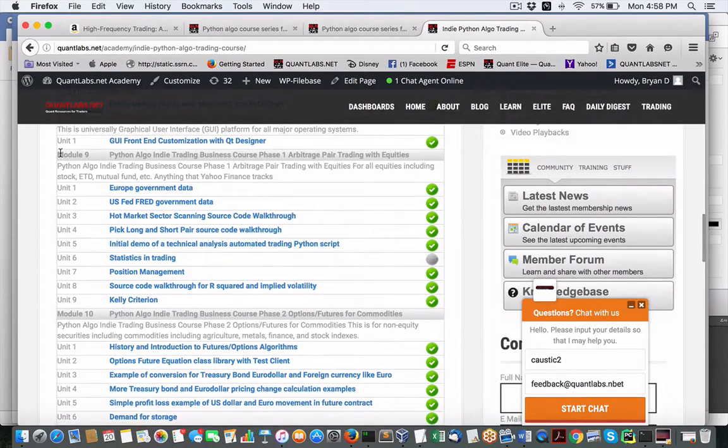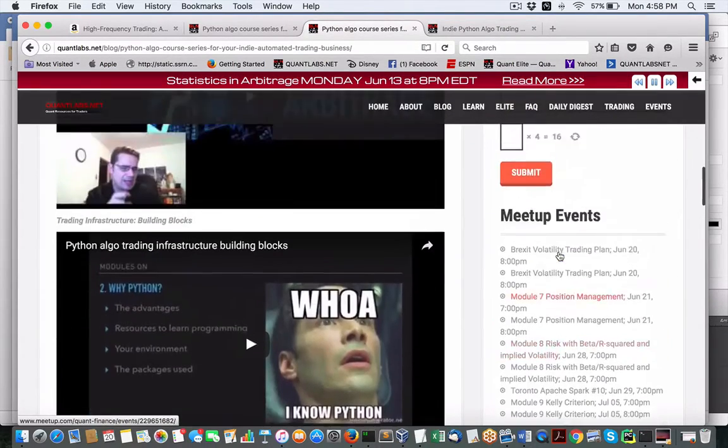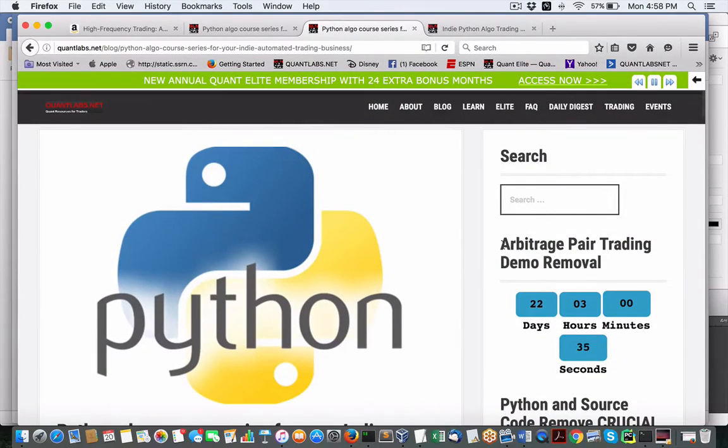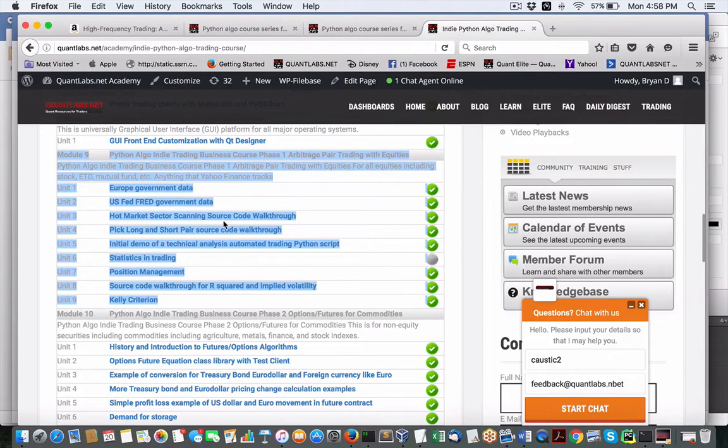But what I want people to take away here is this phase is going to be moved and disappear, as I've hinted in this countdown. So this pair trading demo removal is going to be moved, and it's going to vanish. I'm taking it down.